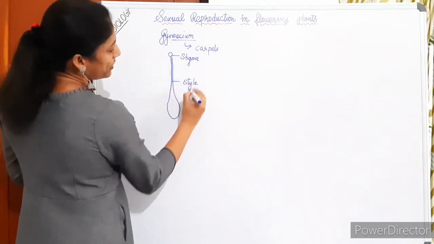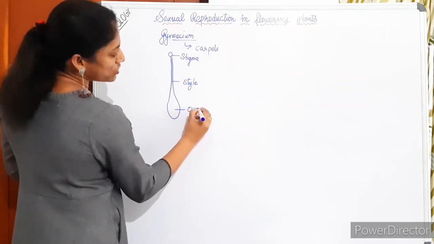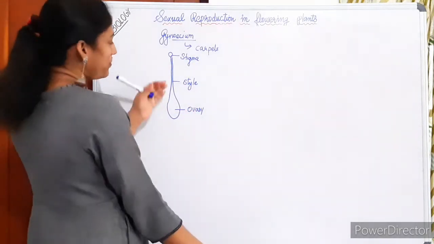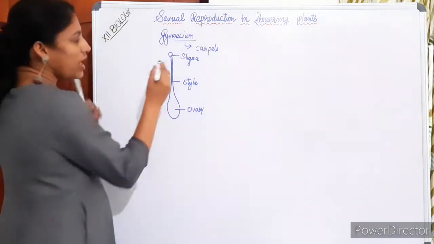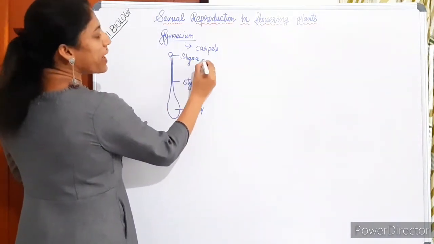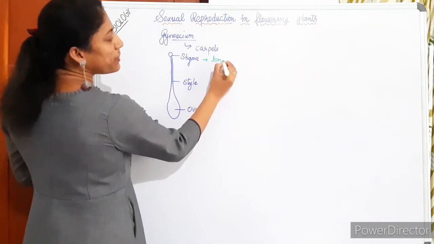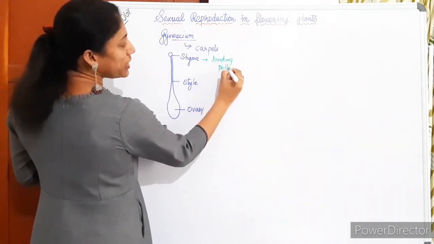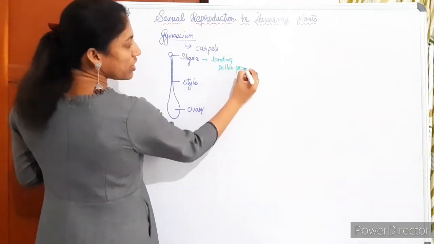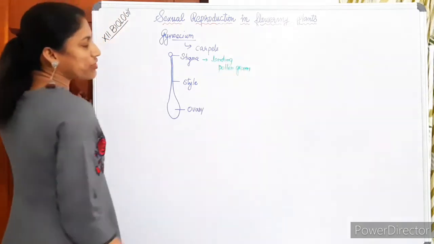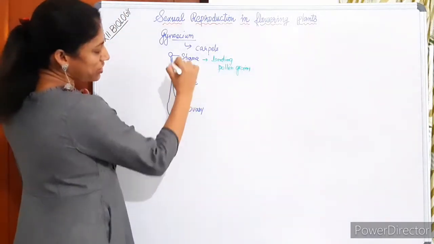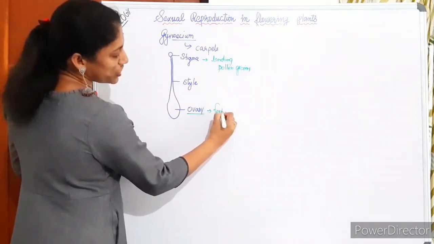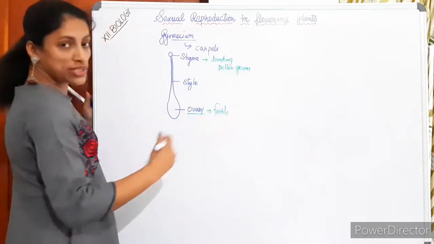The ovary is the basal bulged portion, style is the middle portion, and stigma is the upper expanded portion, which is the landing platform for pollen grains. The pollen grains have to be deposited here. Style is the stalk in between, and ovary is the fertile lower basal region. And these are all fit to the thalamus.